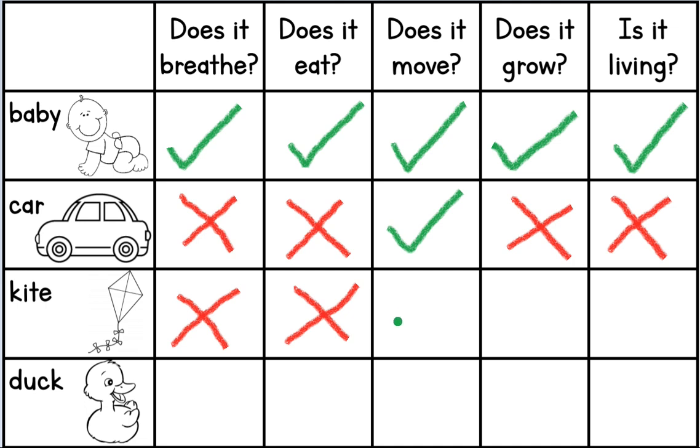Well, yes, a kite does move. When you have it in the air, what helps to move the kite? The wind. All right. Does a kite grow? Now, a kite can go higher in the sky, but it's not actually getting bigger. When you bring the kite back down, it's the same size. So a kite does not grow. We're going to put an X.